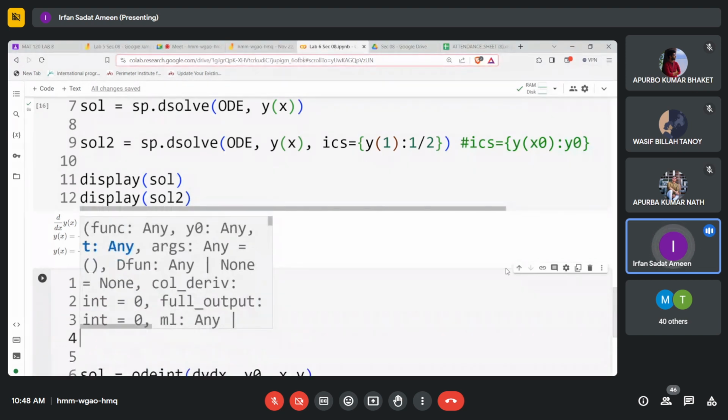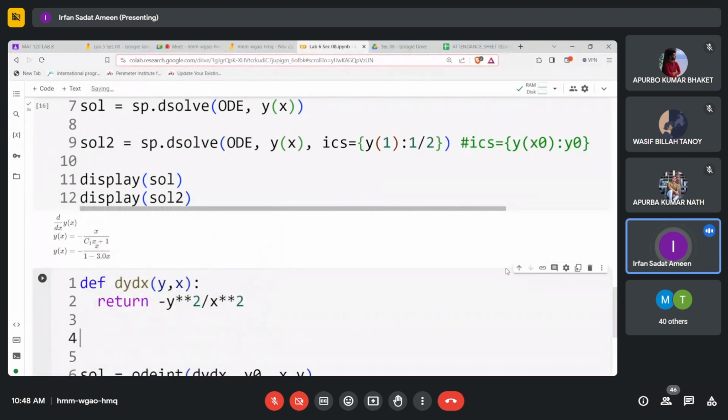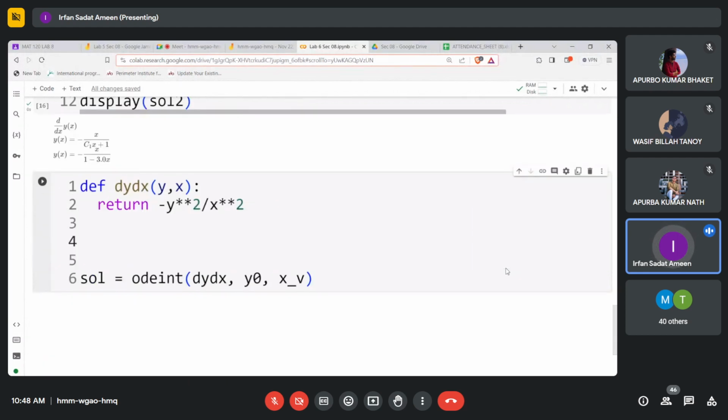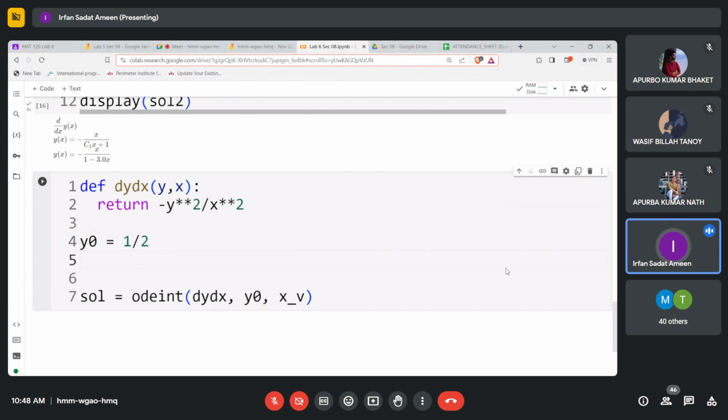So we need to define these two other things: one is the initial value of y and the other one are the values of x, right? So আমরা initial value of y জানি, which is half, right, at x equals to 1. So x এর যে ভ্যালুগুলা ওগুলা আমাদের বানিয়ে নিতে হবে.